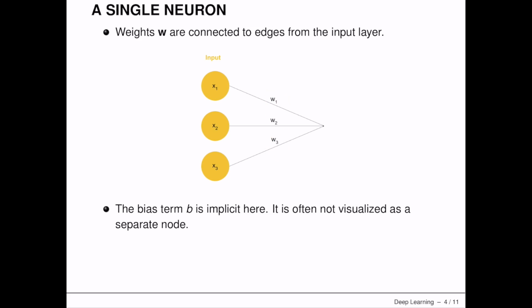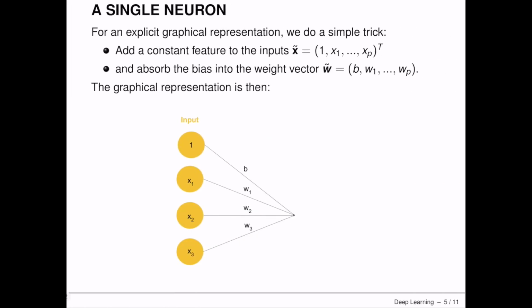We can also have a bias term, but this is often not visualized. This is just because of a simple trick. To leave it out in the graphical representation, we can just add a constant input feature 1 to the input vector x and a weight corresponding to the bias b to the weight vector.